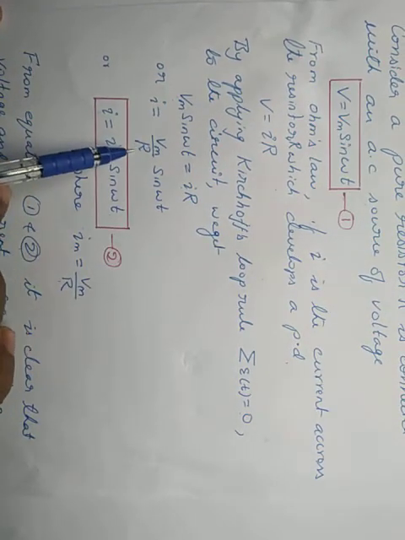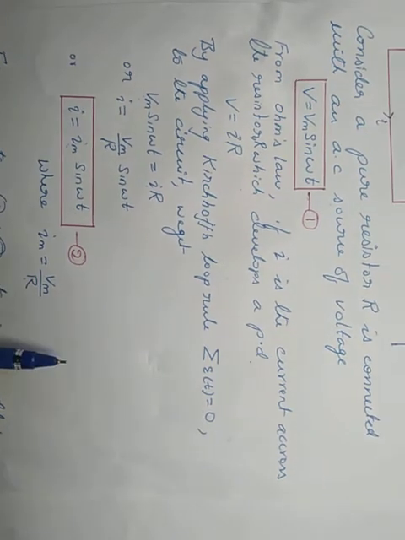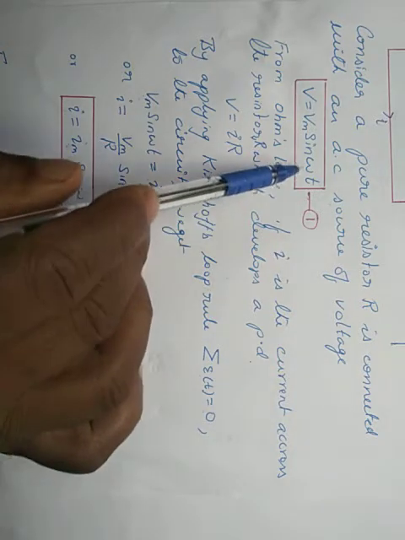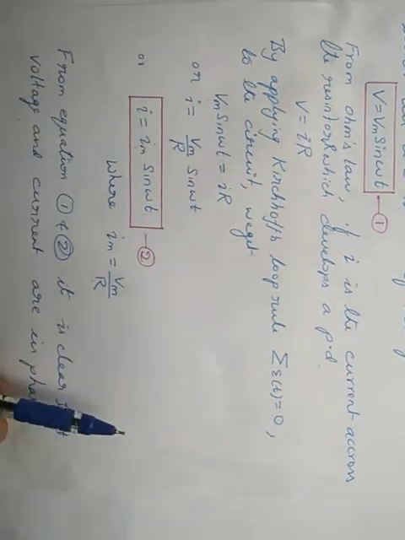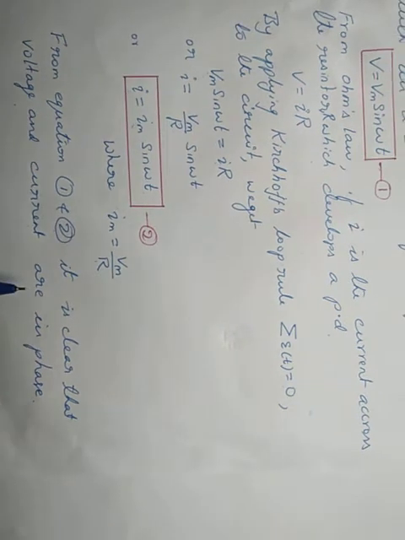Write Vm by R as Im, the amplitude of the current. Therefore, I equal to Im sin omega t. Now compare the two equations, V equal to Vm sin omega t and I equal to Im sin omega t. Both have the same phases. Therefore, the conclusion: voltage and current are in phase.